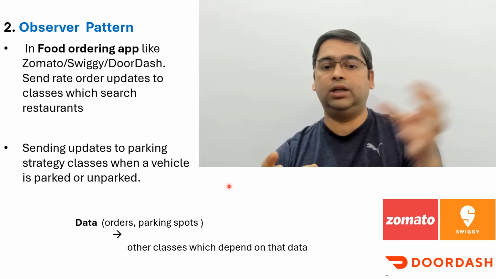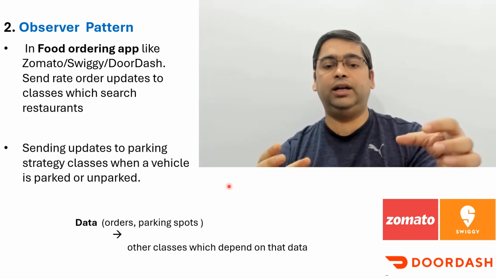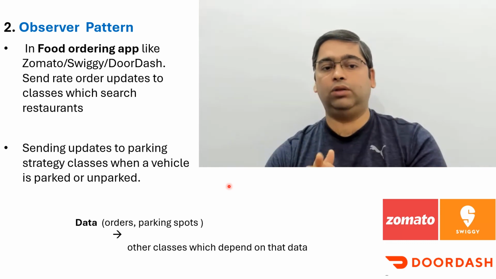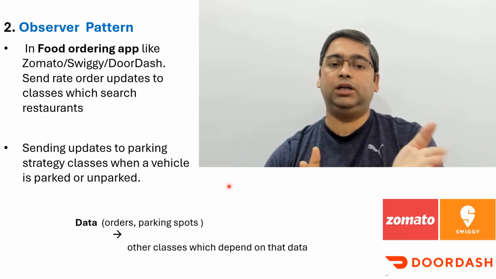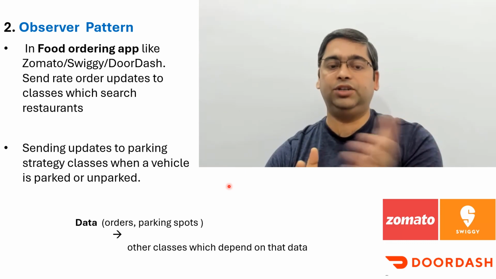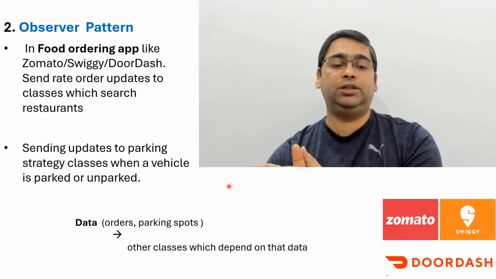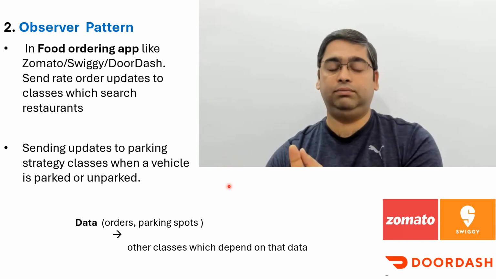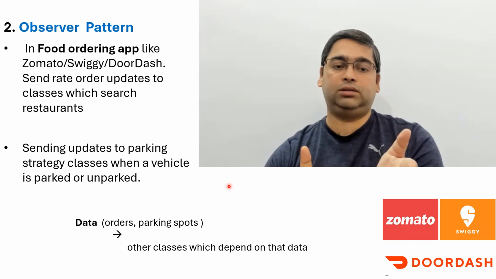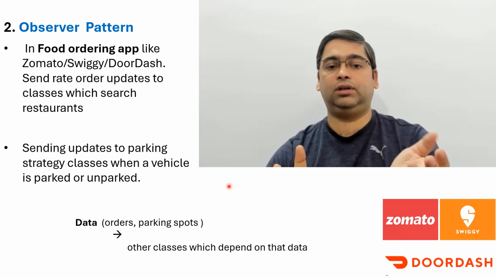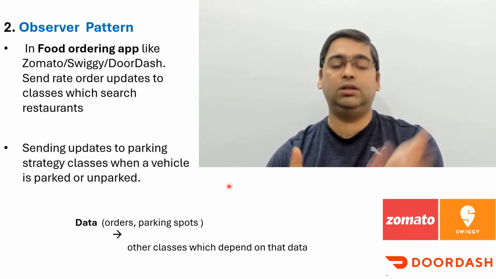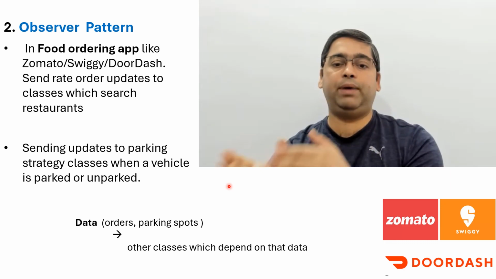It is gluing the class which is changing the data with the other classes which depend on that data. Another example can be of a parking lot. You can have multiple different parking strategies, and some of those parking strategies may have their own internal data structure, some sort of list or set of classes, or sorted set of classes, or some sort of combination of map and set.